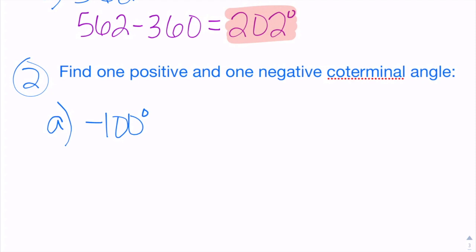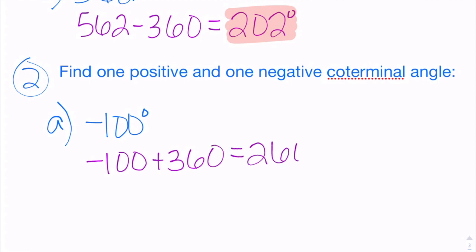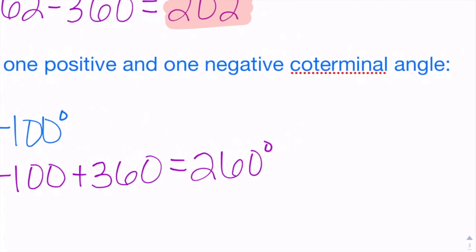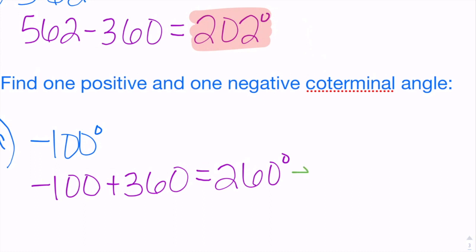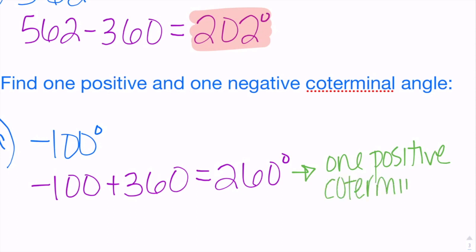We need to find one positive and one negative, so that means we're going to have to add and subtract here. I'm going to start with adding, so we're going to do negative 100 plus 360, and that gives us 260 degrees. And so this 260 degrees here, that's our one positive coterminal angle.